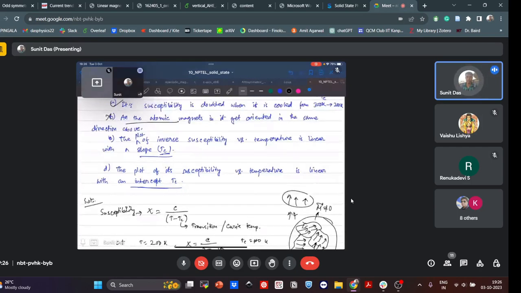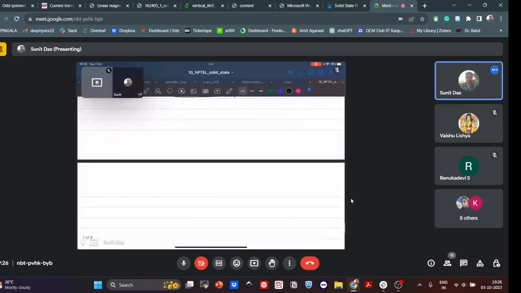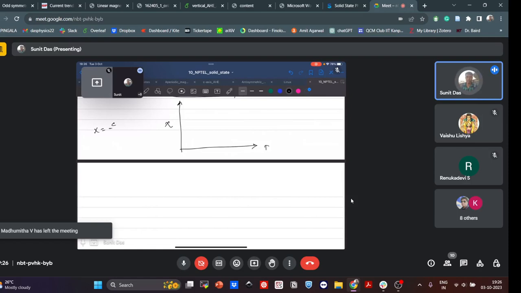Then the third option, the plot of inverse susceptibility versus temperature. Let's first plot chi, then we will plot inverse susceptibility. So chi equal to C by T minus Tc.